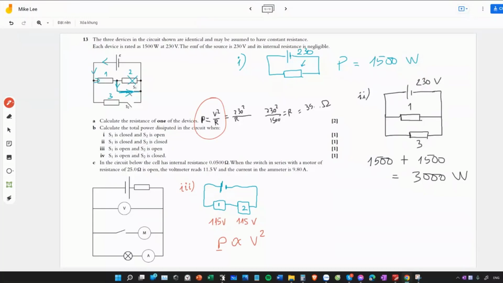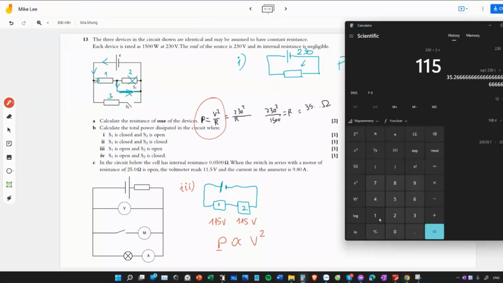Then you add the powers of the 2 resistors together. 1/4 of 1,500, and then add them, meaning 1/2 of 1,500. That is 750.